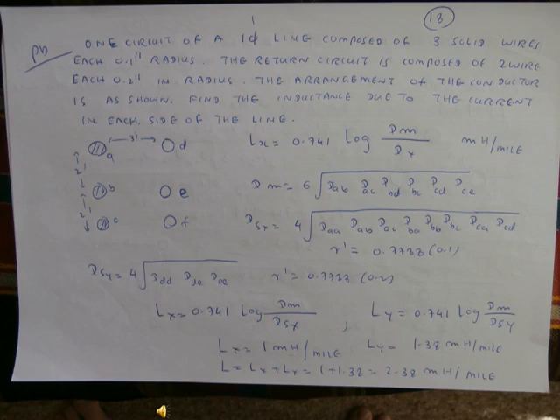So DSY is equal to the 4th root of DDD, DDE, DED, DEE. So R is equal to 0.788 multiplied by 0.2. So LX is equal to 0.741 log DM by DSX. So LY is equal to 0.741 log DM by DSY. So LX is equal to 1 millihenry per mile. So LY equal to 1/3 millihenry per mile. So L equal to LX plus LY. So 1 plus 1/3, you get 4/3 millihenry per mile.